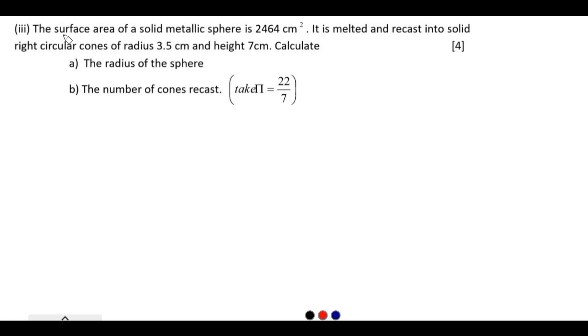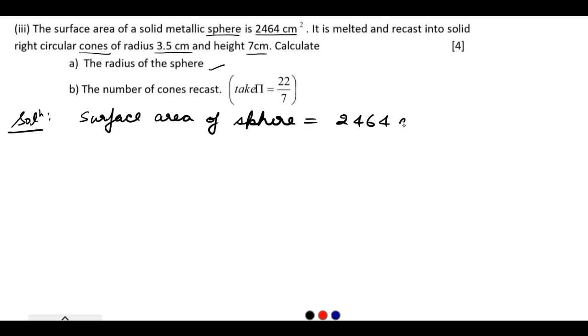Third part, the surface area of a solid metallic sphere is 2464 square centimeter. It is melted and recast into solid right circular cones of radius 3.5 centimeter and height 7 centimeter. Calculate the radius of the sphere, the number of cones recast.